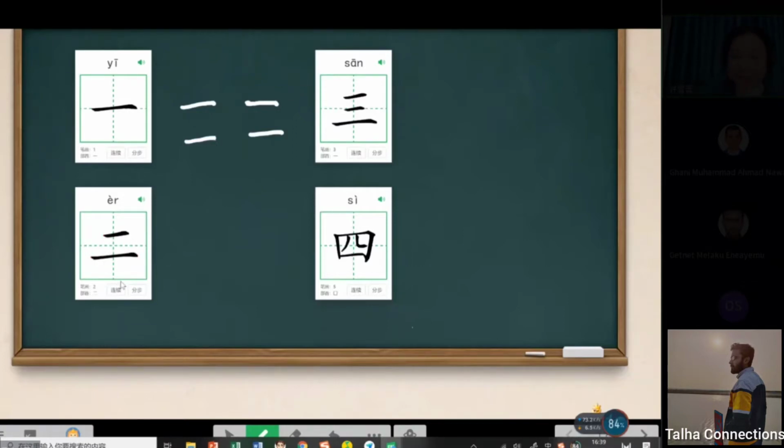Now, let's do it. The second one is longer than the first one. All right. I guess you will write very beautifully. Wow, you can write Chinese characters.